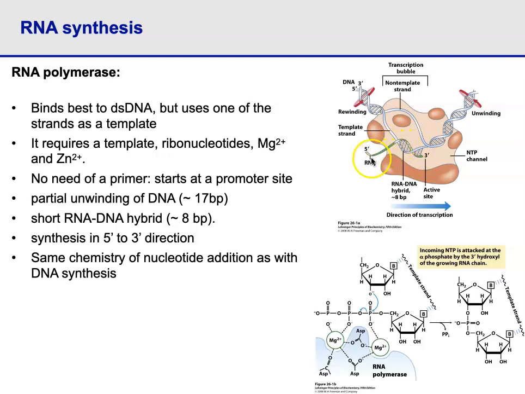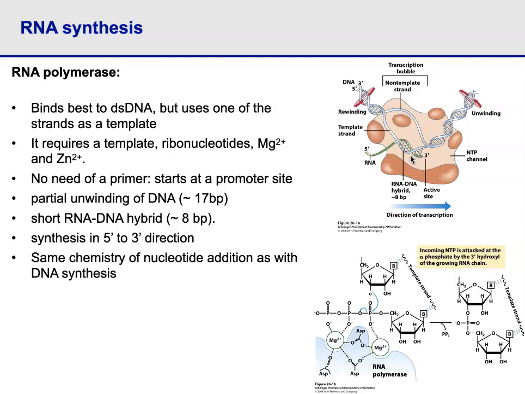And after that, the RNA comes out, and when it's finished, it just gets transported out and used for whatever purposes it needs to be used. So again, no primer. RNA polymerase starts immediately from the place where transcription begins and starts synthesizing the new mRNA, and approximately 8 bases exist as a double-stranded hybrid between DNA and RNA.